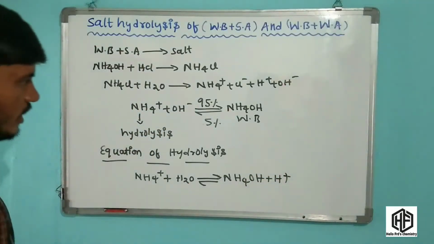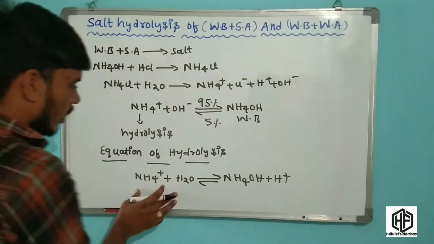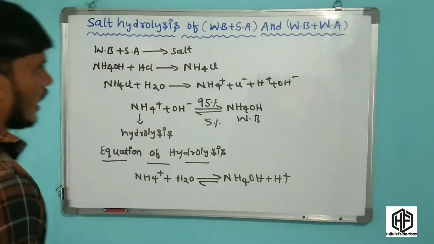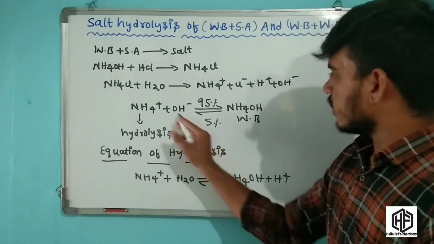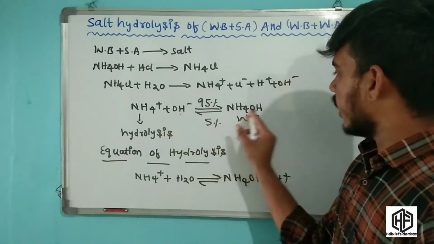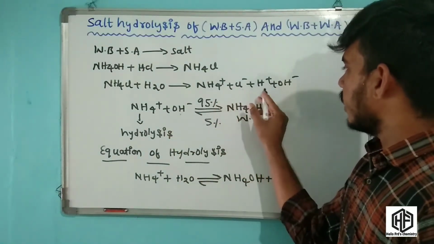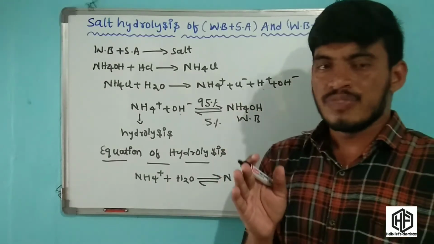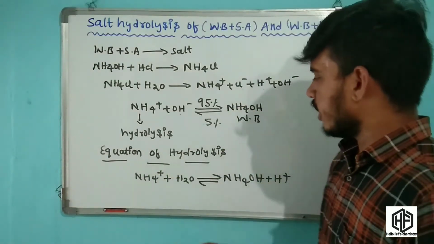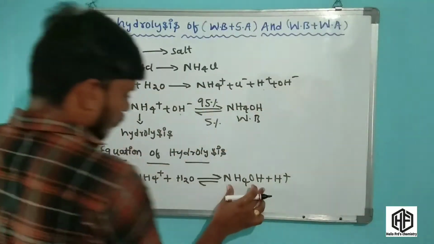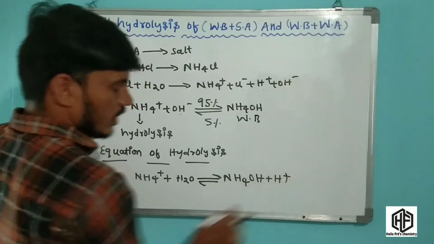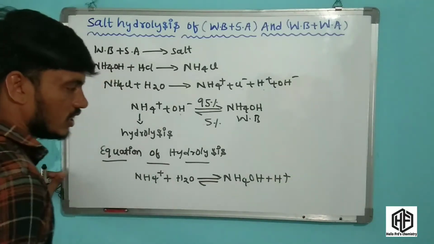NH4 plus reacts with OH minus to give NH4OH, while Cl minus and H plus do not undergo hydrolysis. So NH4 plus plus H2O gives NH4OH, and H plus ions remain in the solution.